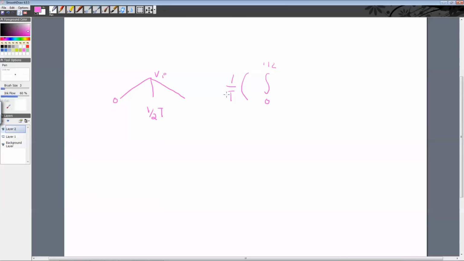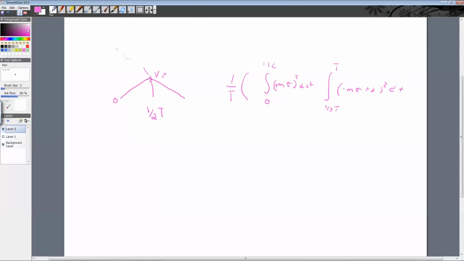There's some kind of slope there, mt, but the line starts at 0 and goes up, plus something else, and that goes from 1/2 T to T. But the equation of this line is different. This line has an offset b, so it's going to be like minus mt plus b, squared dt, which is kind of annoying.